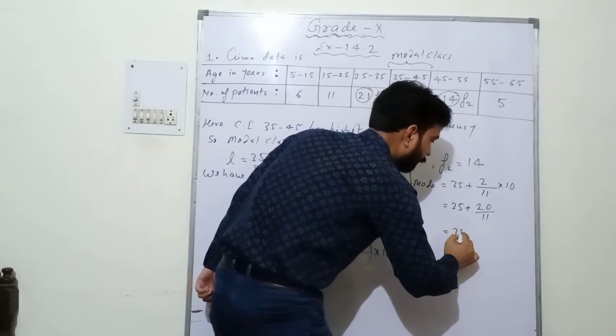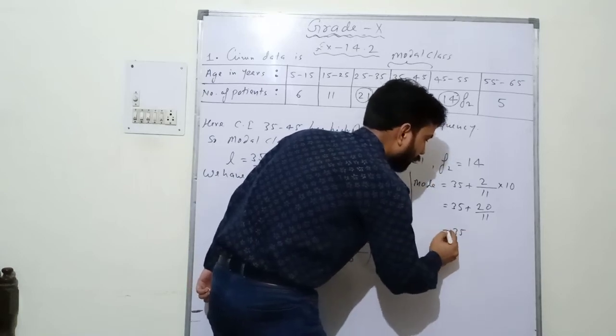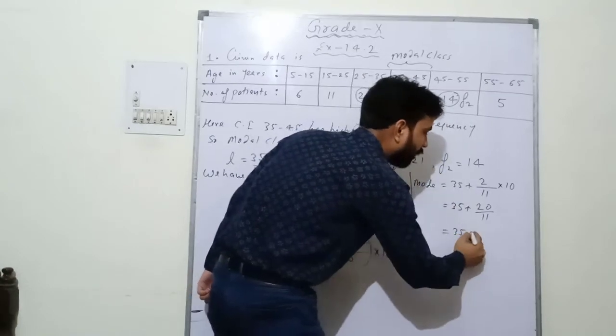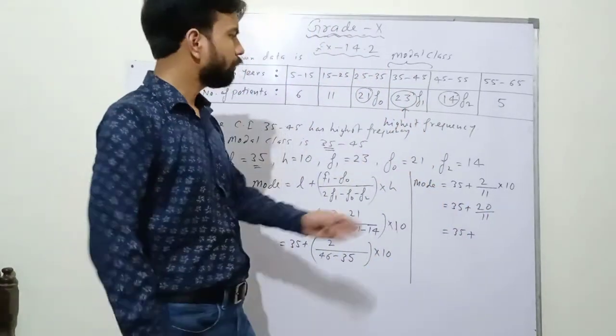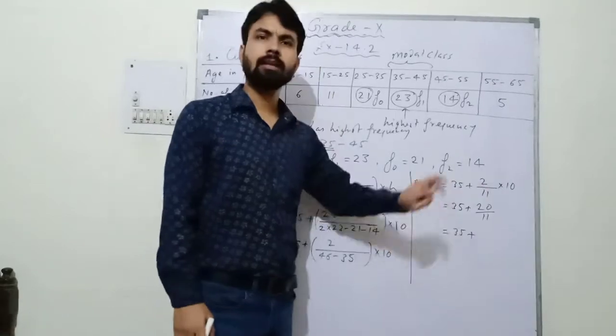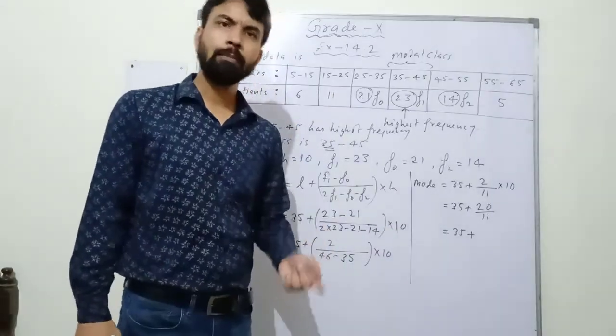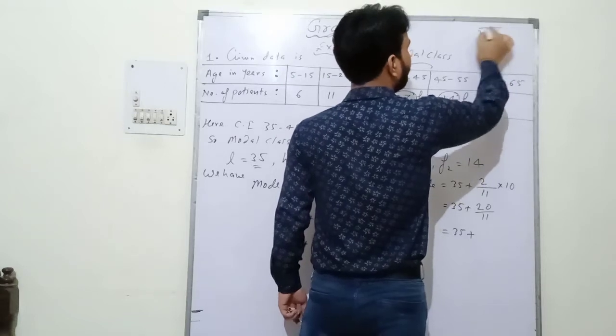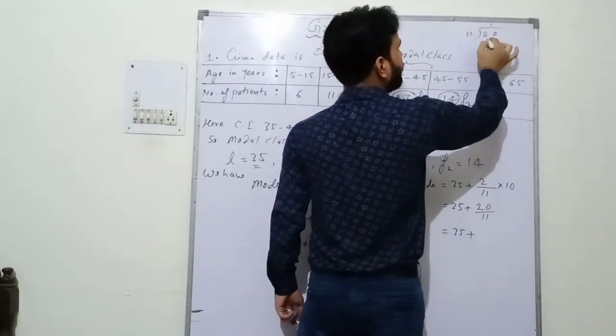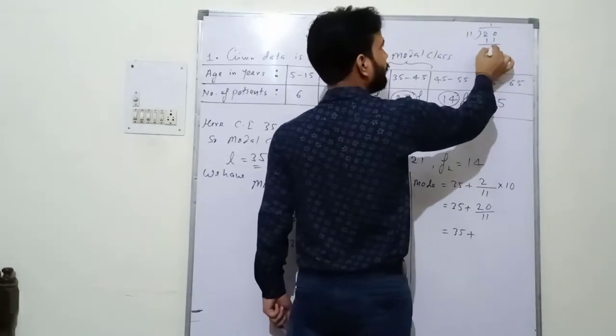Now 35 will remain the same. We will divide 20 by 11. 20 by 11 we will have to divide. So you can find the answer to one place of decimal. 20 divided by 11. 11 ones are 11. How much? 9 is left.